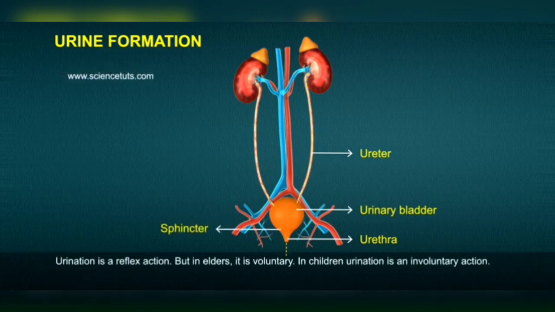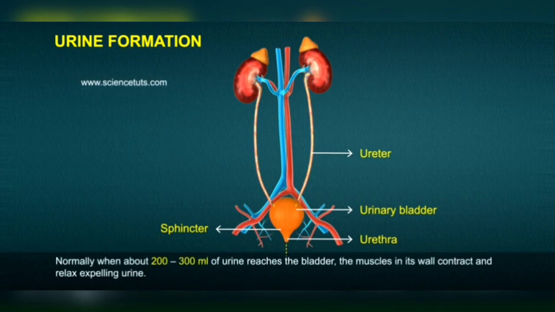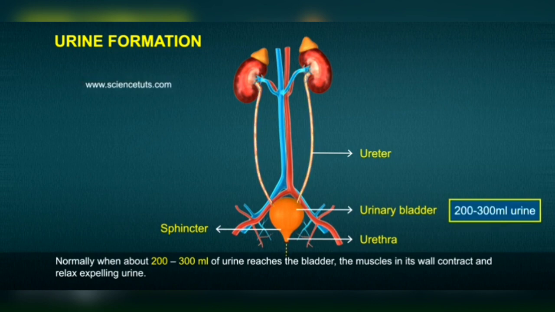Urination is a reflex action, but in adults it is voluntary. In children, urination is an involuntary action. Normally, when about 200 to 300 milliliters of urine reaches the bladder, the muscles in its wall contract and relax, expelling urine.